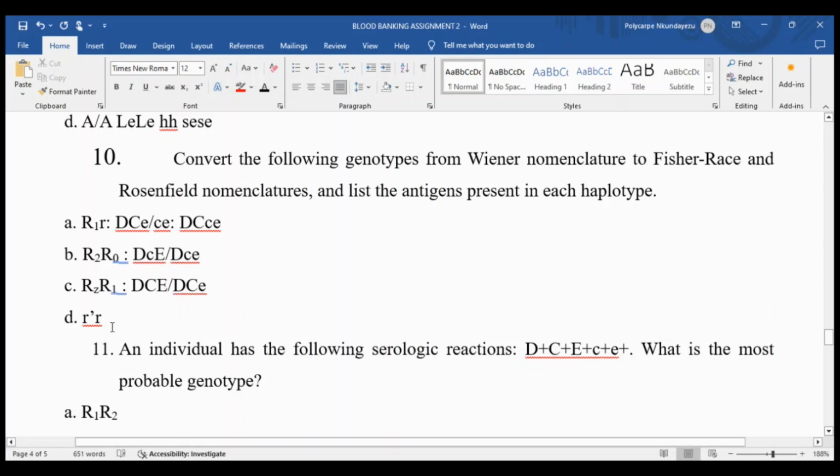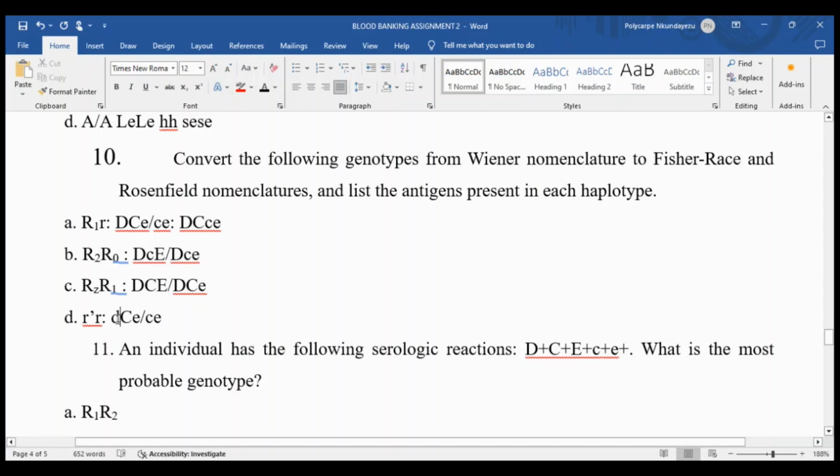What about this one? Is this small? Capital C. Wow. Good. Thank you so much.